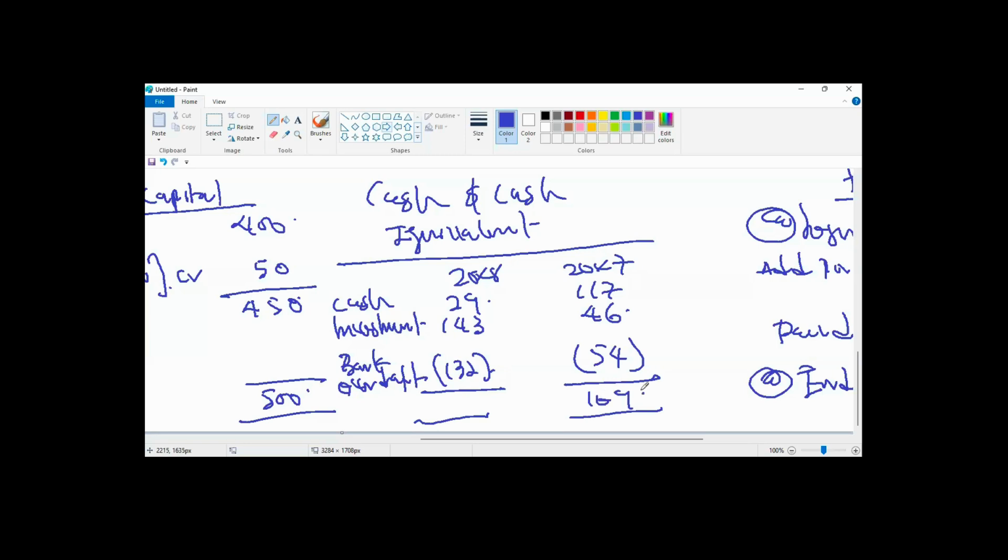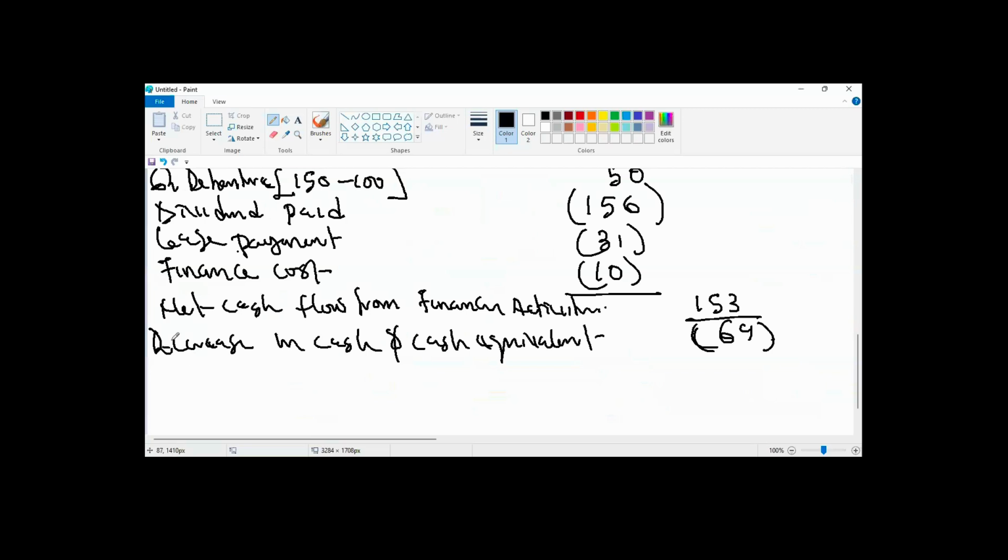You see it in current assets now. Yeah, cash. Okay, thank you. Current assets. Yes, thank you. Welcome. 40 in 2008. I'll go and put it. That would be 109.